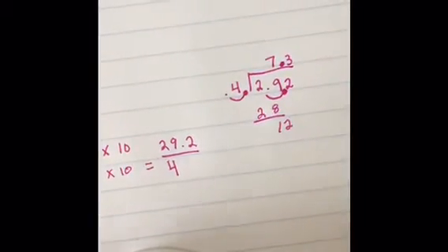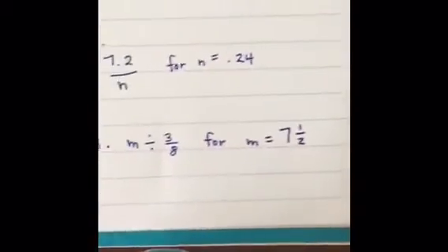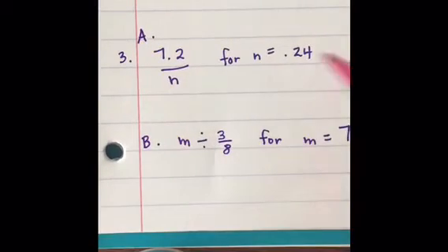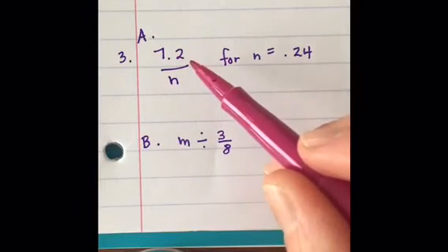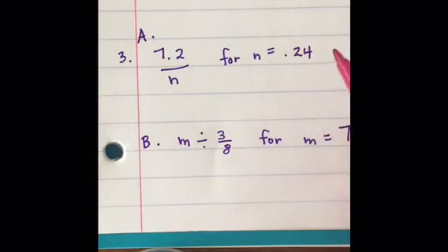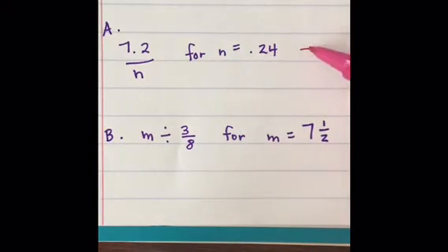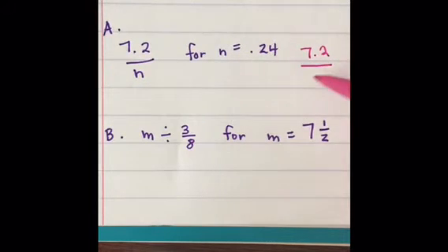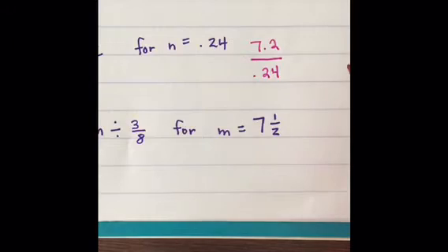All right, just double checking my math. Okay, now let's look at this one. 7.2 divided by n, for n equals 0.24. So this problem is now going to say 7.2 divided by 0.24. Now we can notice, or we can do what they said.